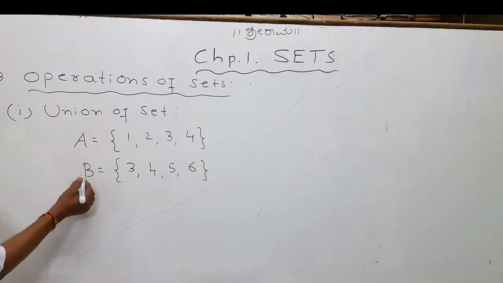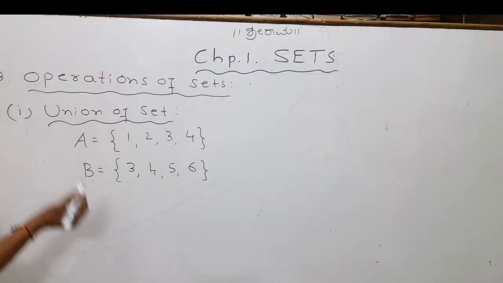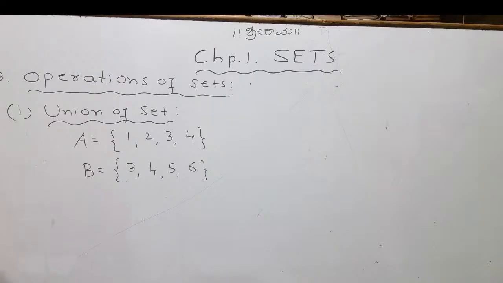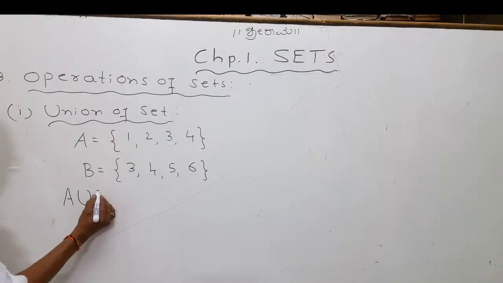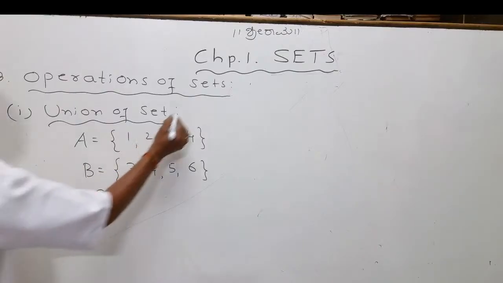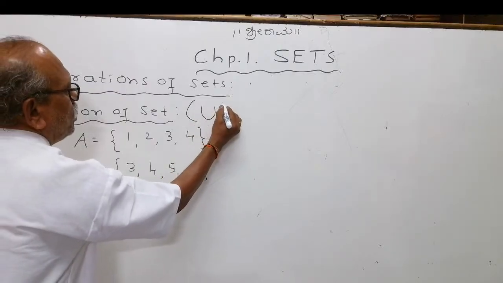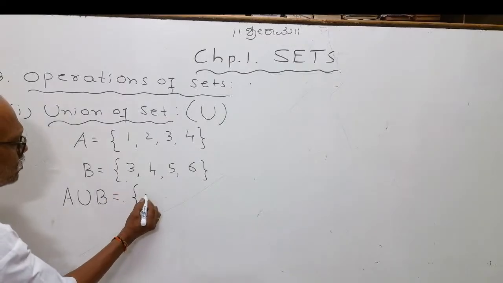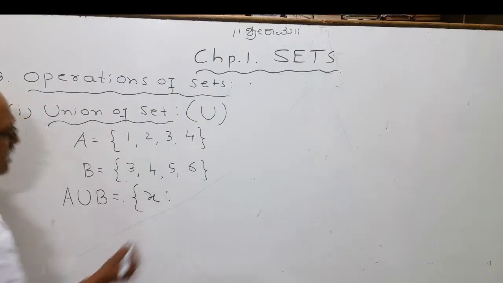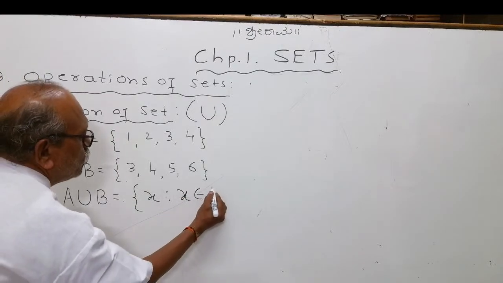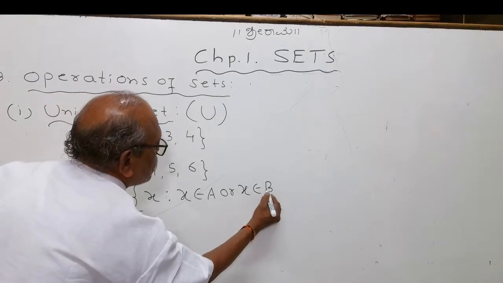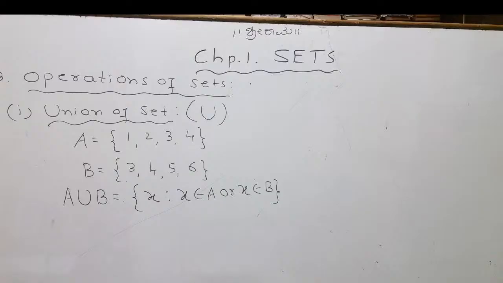The union set of two non-empty sets A and B is a set of those elements which are either present in A or present in B. Mathematically, you can write symbolically A union B. Generally, the symbol used for union of sets is this particular symbol, not actually the letter U. A union B is a set of those elements X such that X belongs to A or X belongs to B. This is the definition of a union set of two sets.